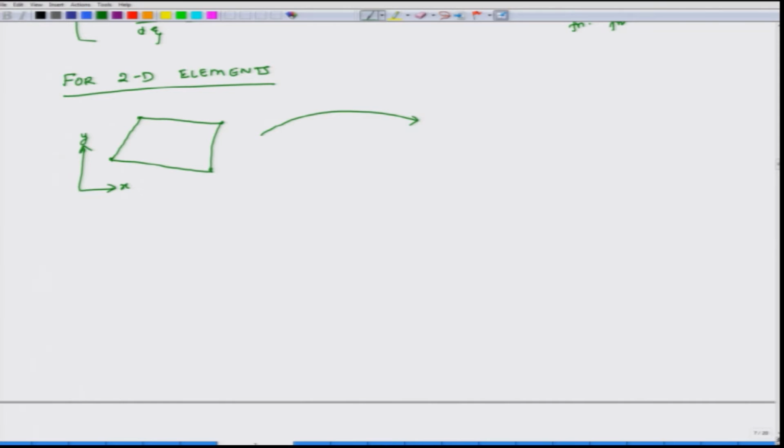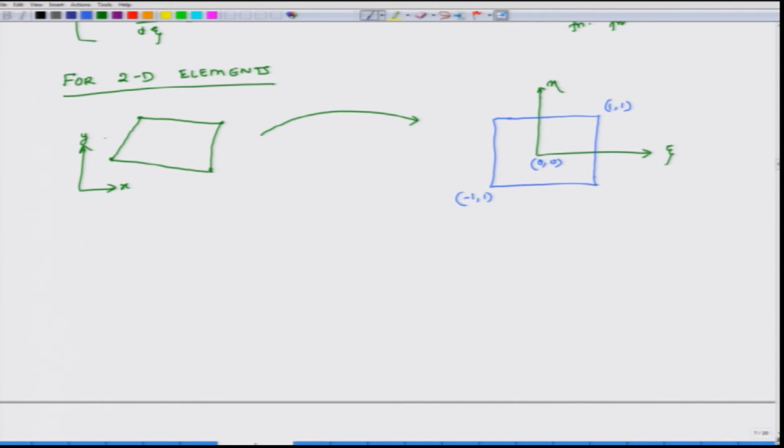And when I do numerical integration, I use the Gaussian quadrature method of integration, so I have to map this and integrate it in the zeta eta domain, and here the size of the element is 2 by 2. So, this is my 0 0, this is 1 1, this is minus 1 1, okay.